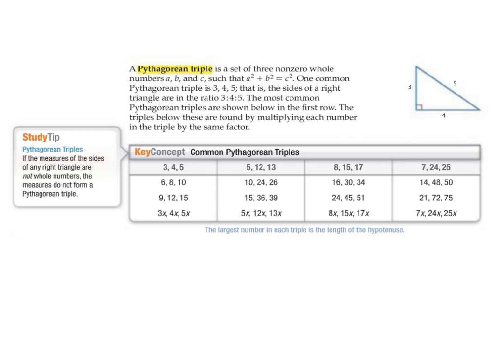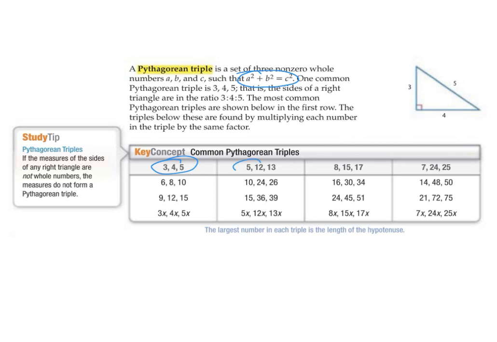And the Pythagorean theorem is so common or useful that there's actually a set of 3 non-zero whole numbers that fit into this category, and it's so common they're known as Pythagorean triples. So for example, 3, 4, 5, if I were to plug this into my Pythagorean formula, they would actually equal each other.